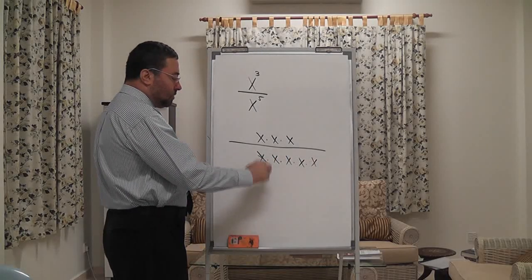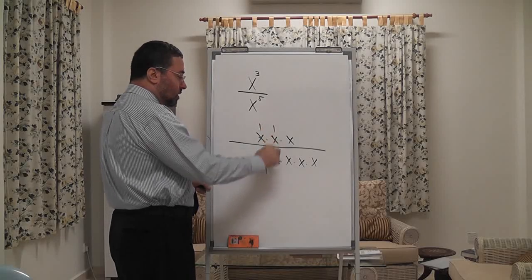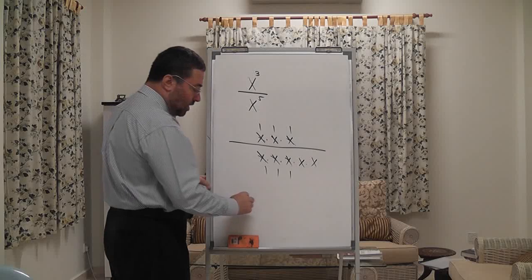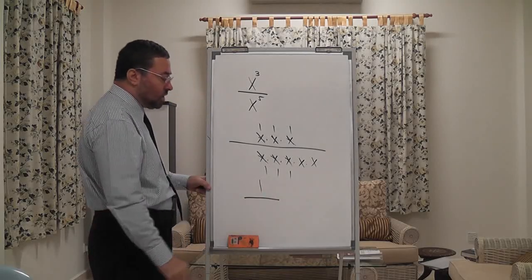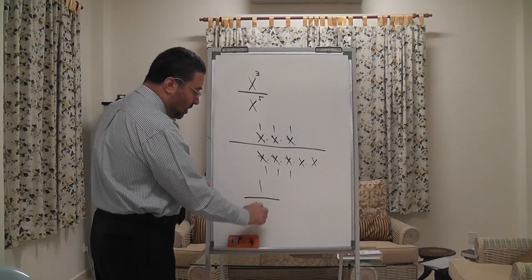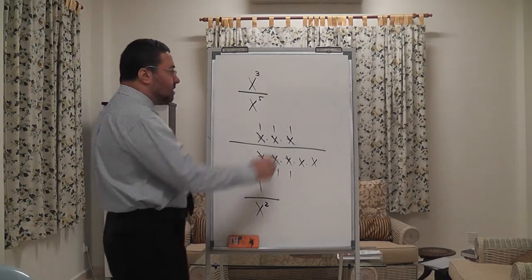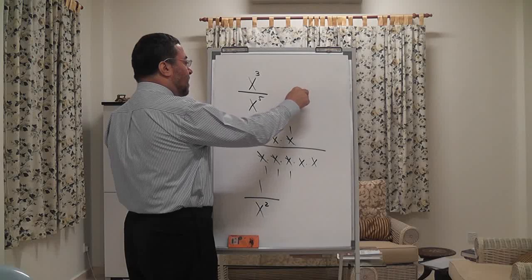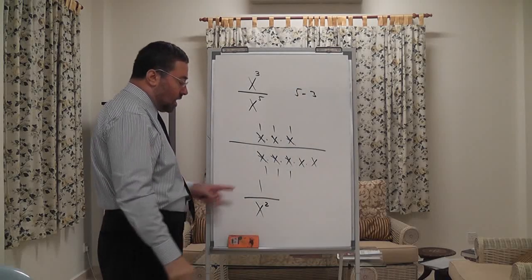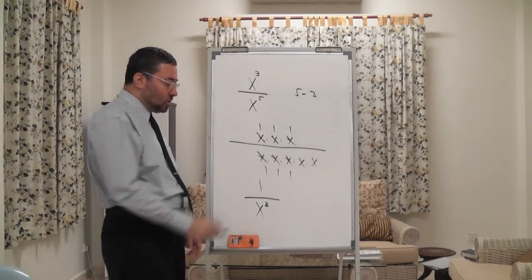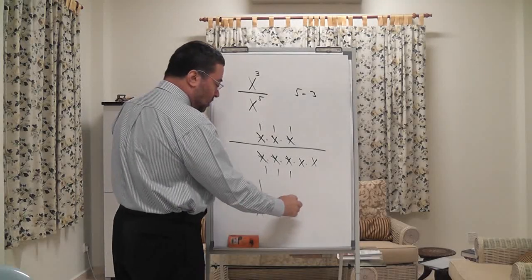Again we cancel and we get 1. This x cancels this x cancels this x, and we end up having 1 in the numerator and x squared in the denominator. Again, this power is the difference of these two powers, 5 minus 3. In this case, the 1 in the numerator is significant, so the answer will stay as such.